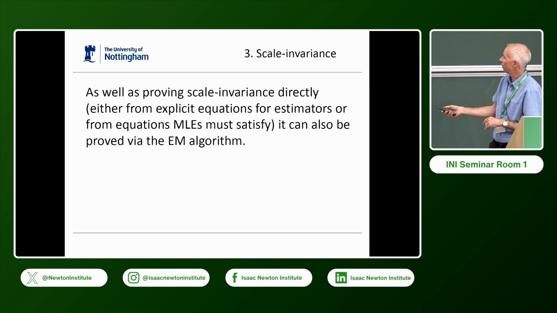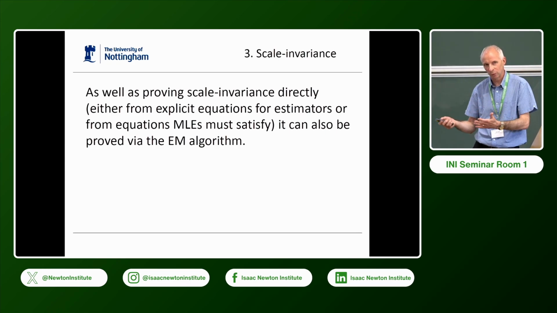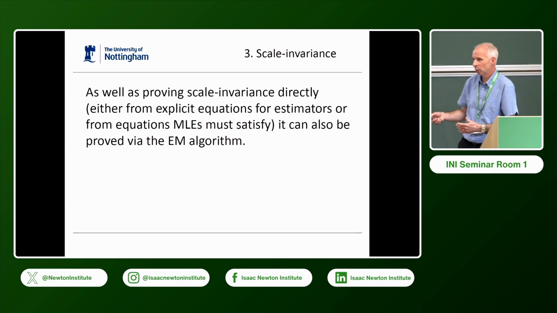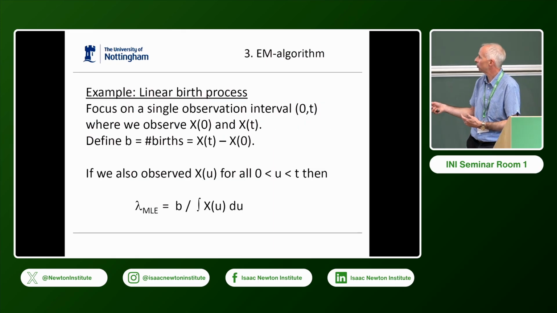I'll try to be very brief about this. As well as proving things directly using some equations which you can write down, it's also possible to prove some of the scale invariance using the EM algorithm, which seems a bit weird, but let me briefly explain how it works. Imagine the linear birth process.